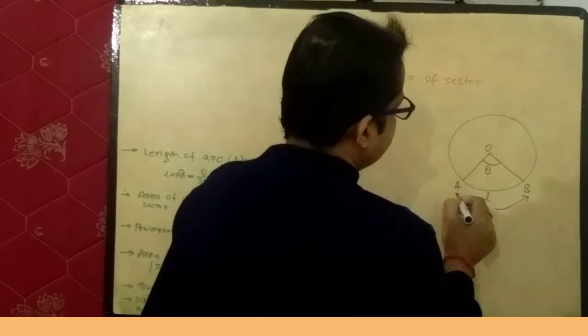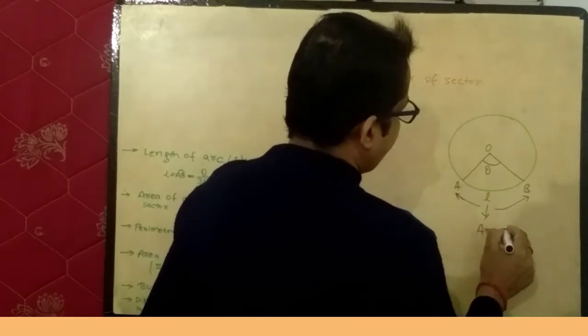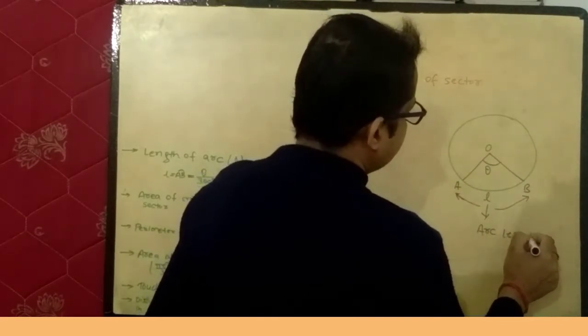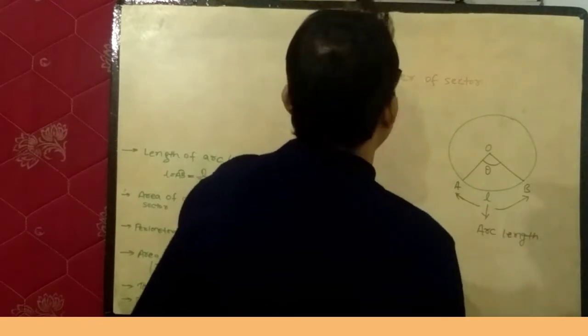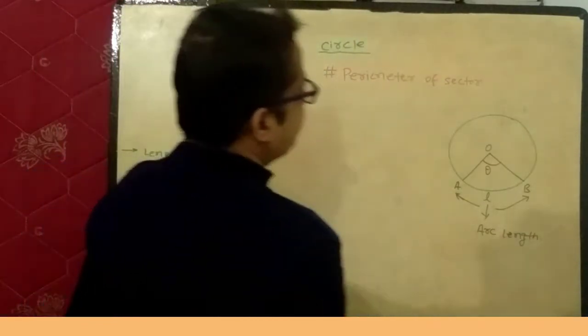Arc length is small l. Now we have to find out perimeter of sector.